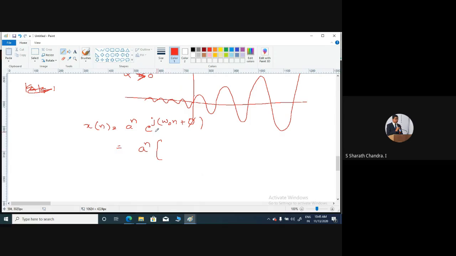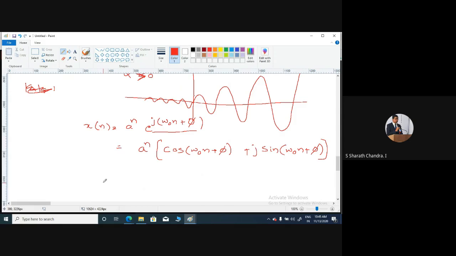By using Euler's identity, I represent it as a complex number in terms of cos and sine: cos of omega naught n plus phi plus j into sine of omega naught n plus phi.